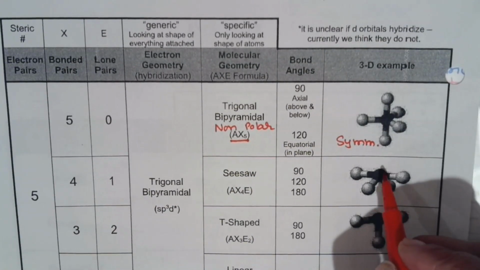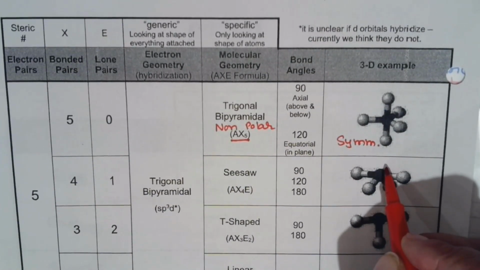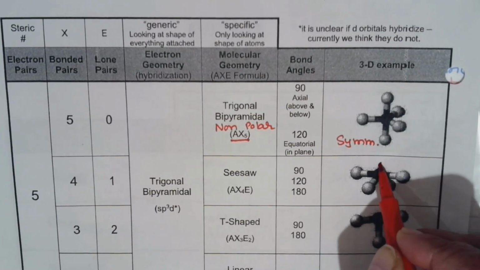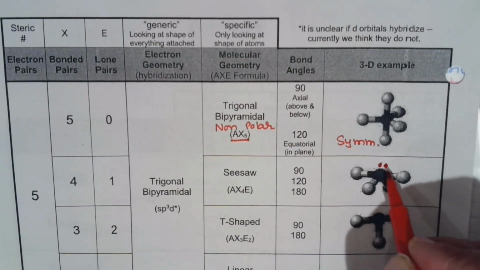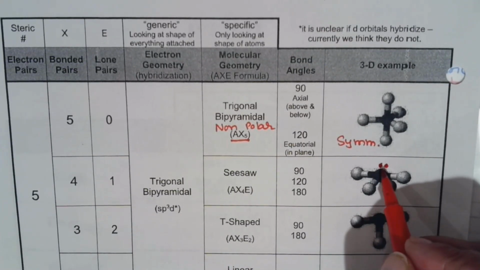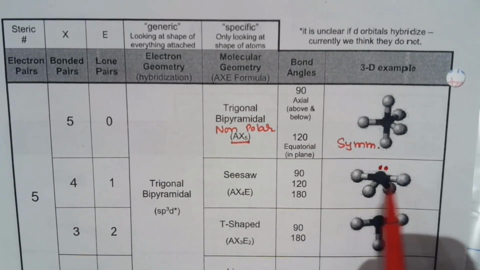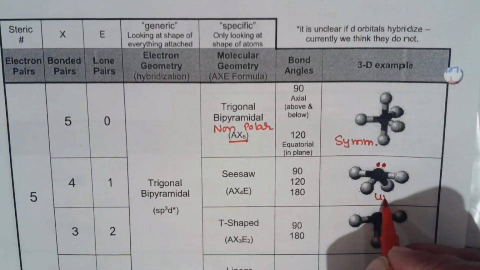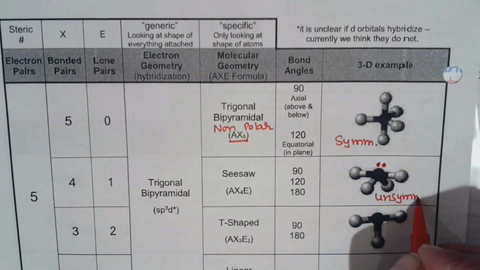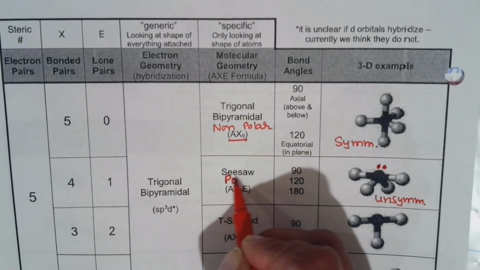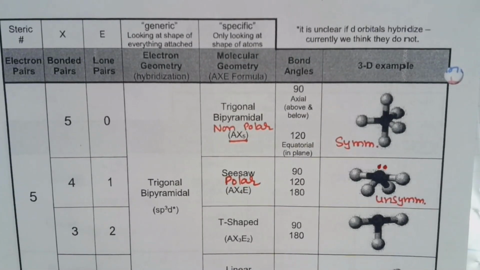Whenever you remove a bond pair from the trigonal bipyramidal shape, you always do that from the plane of the triangle. So I took one bond pair from the plane of the triangle. The third one in the triangle is gone now, and it's replaced by a lone pair, right? So now this shape is unsymmetrical, and hence seesaw is a polar molecule or a polar shape. Okay.